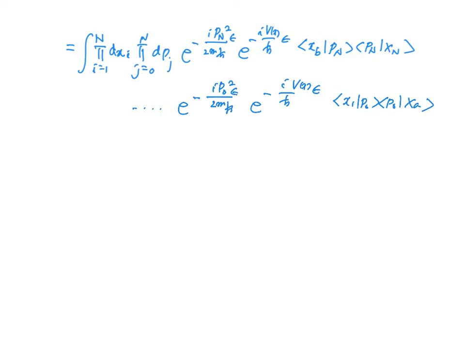By the way, we have this formula: xb pn xn is 1 over 2 pi h bar exponential i over h bar xb minus xn pn.